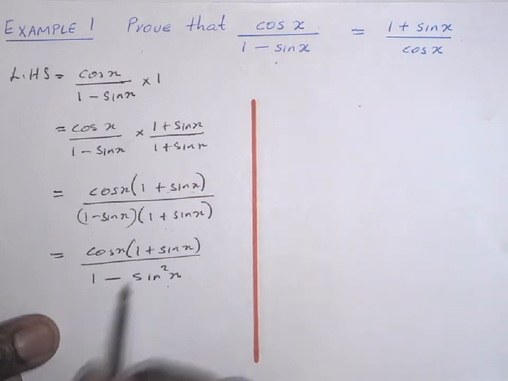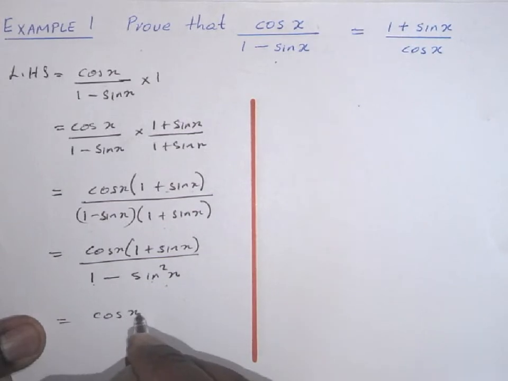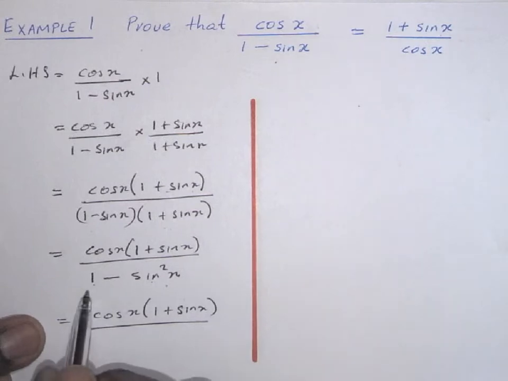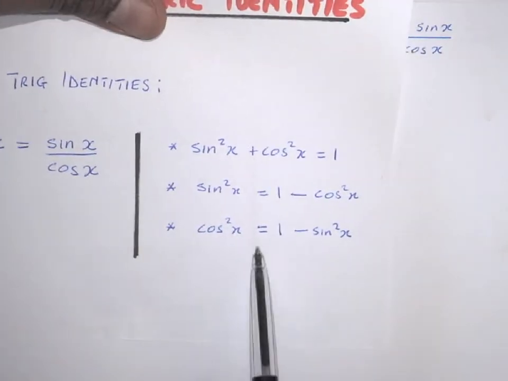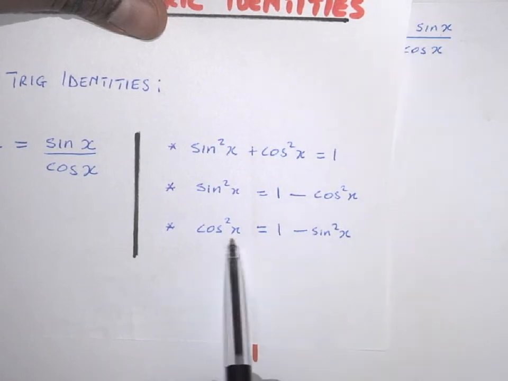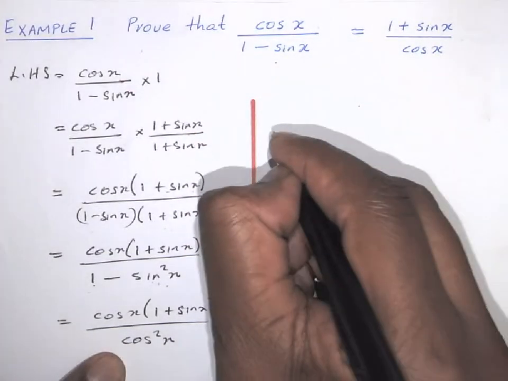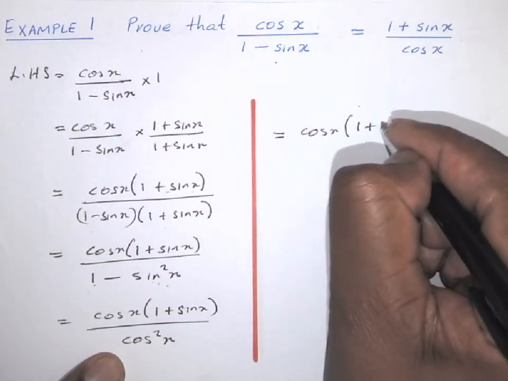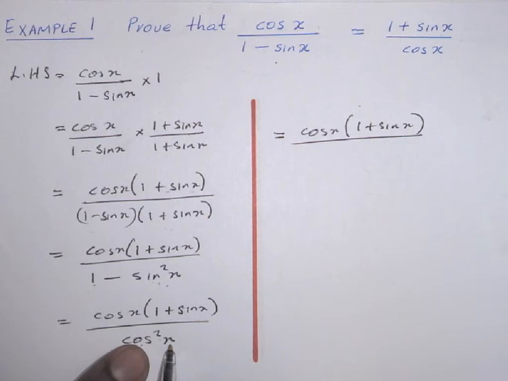Now note that what I get here, 1 minus sin squared x, is something that we said we know of. We'll check again on it. What is 1 minus sin squared x? In our basic trig identities, 1 minus sin squared x is cos squared x. So this is cos squared x. Now, if I continue on this side here, I've got cos x into 1 plus sin x divided by cos squared x. What does cos squared x mean?